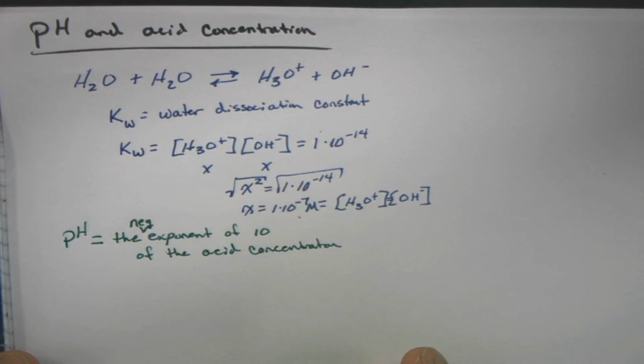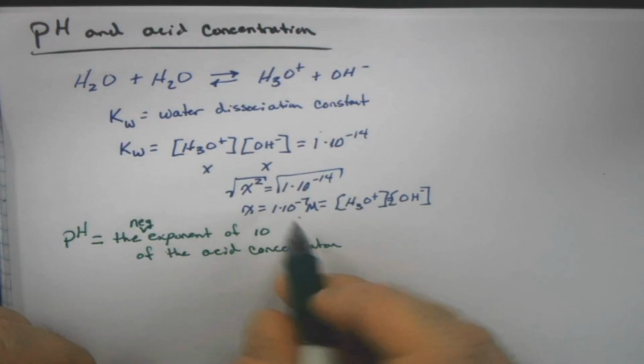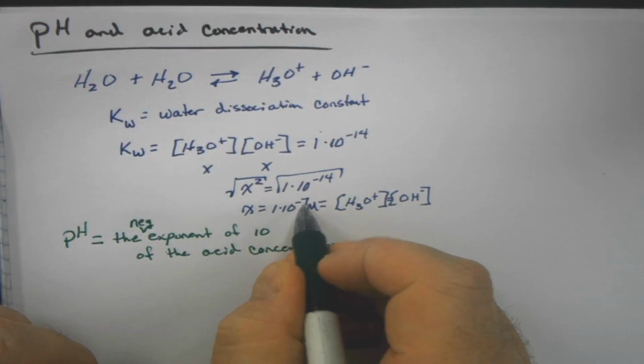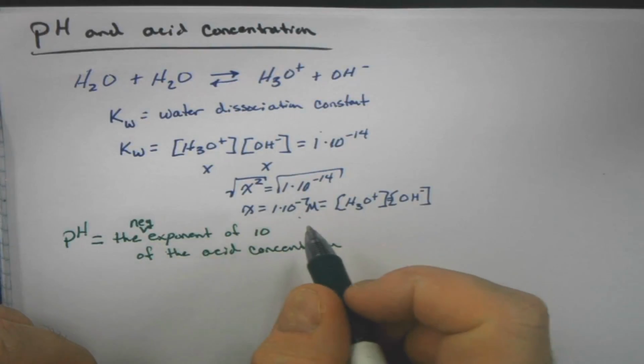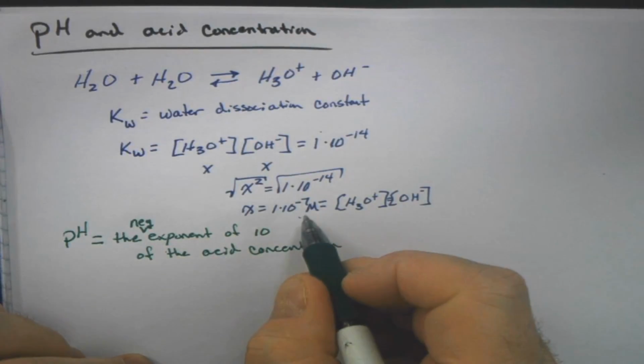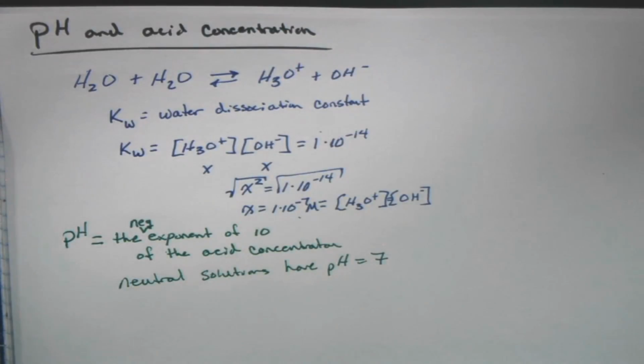So the negative exponent of 10. Well, here's our neutral, right? Our 10 to the negative 7th. So the negative exponent of 10 would be the negative of the negative 7. Yeah? So it would just be 7. Does that make sense? Okay, so the pH of a neutral solution then is going to be 7. Okay, so neutral solutions have a pH of 7.